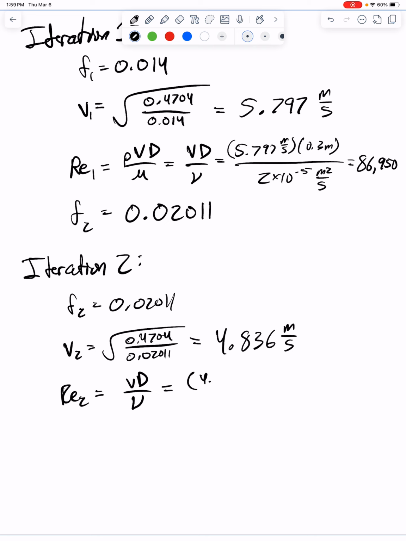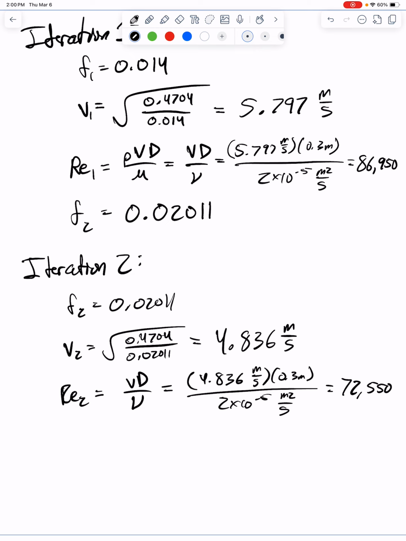So 4.836 meters per second times 0.3 meters divided by 2 times 10 to the power of -5 meters squared per second. So my new Reynolds number is 72,550.